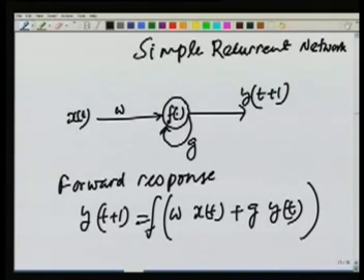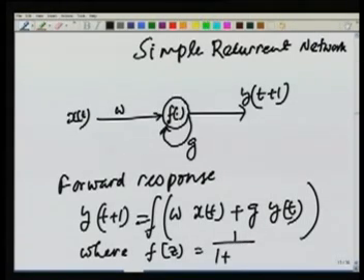This is the total summed input at the input of this neuron, and then sigmoidally activated, where f z is as usual the sigmoidal activation, 1 over 1 plus e to the power minus z.